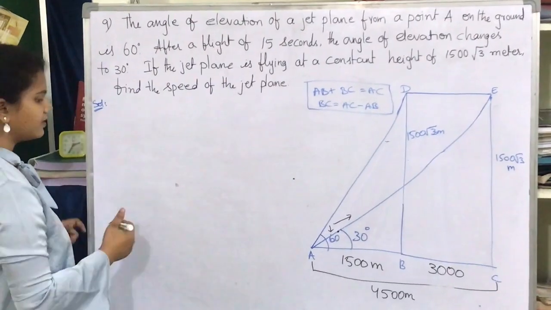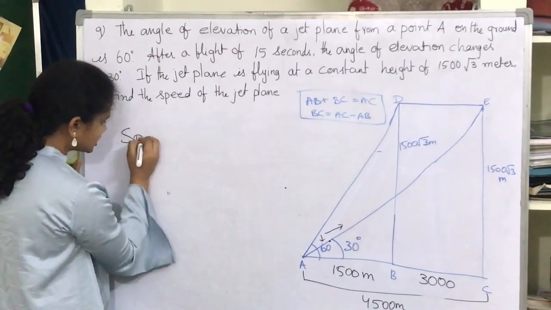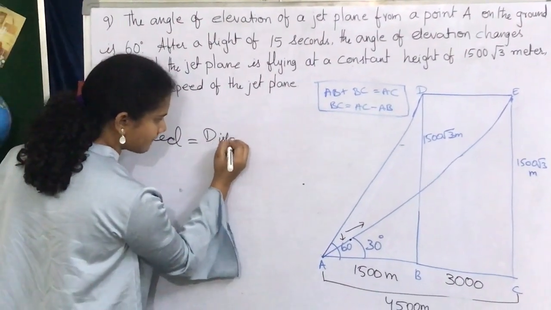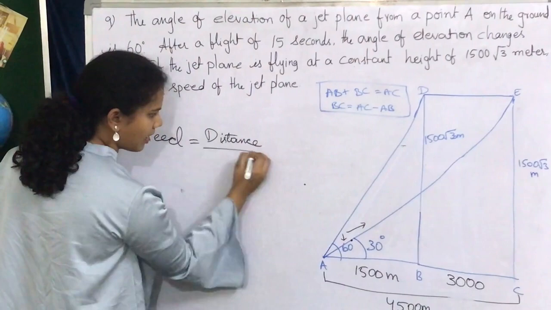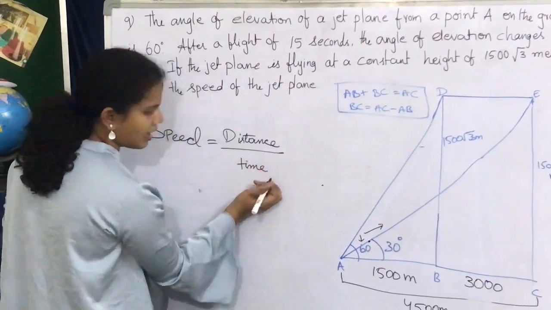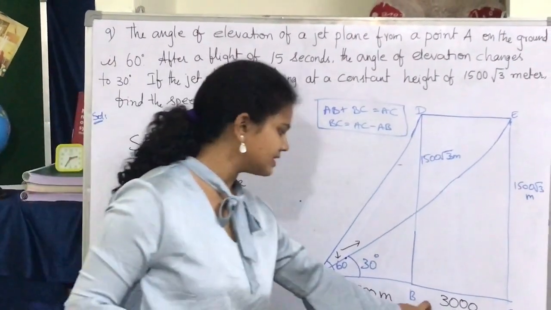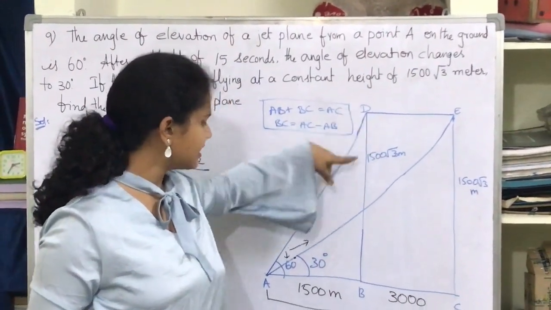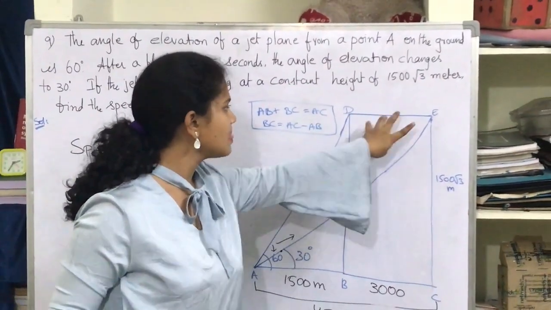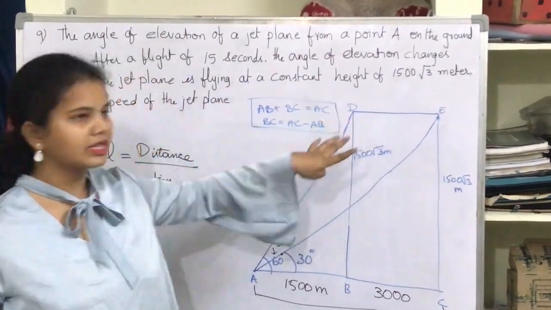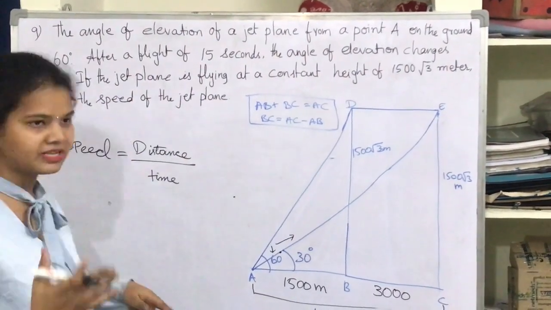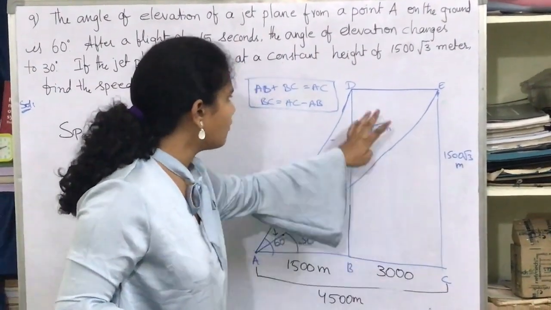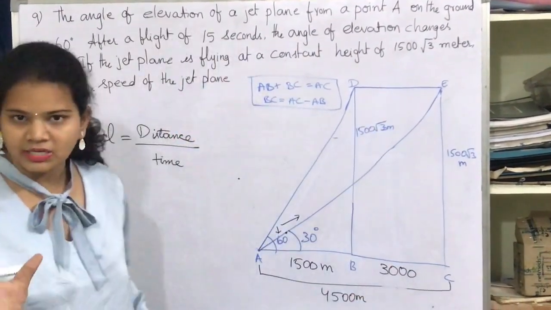To find the speed of the jet plane we know that speed equals distance upon time. Just consider the distance of BC, because this jet plane started somewhere here and after 15 seconds the time passed between D and E is 15 seconds. So the distance from DE or BC is 3,000 meters.